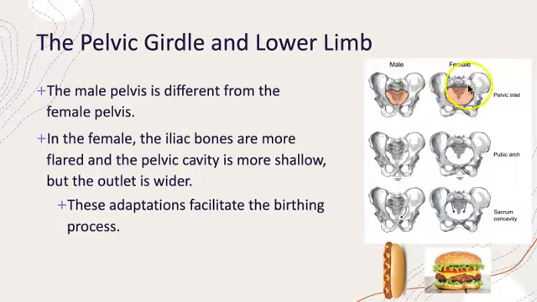We have these different adaptations because they are going to facilitate the birthing process in a female. So I always like to remember this as, if you remember in elementary school, you would fold your piece of paper as either a hot dog or a hamburger. The male is more narrow and taller, and therefore I think of it as a hot dog, and the female is shorter and wider, and therefore I think of it as the hamburger.